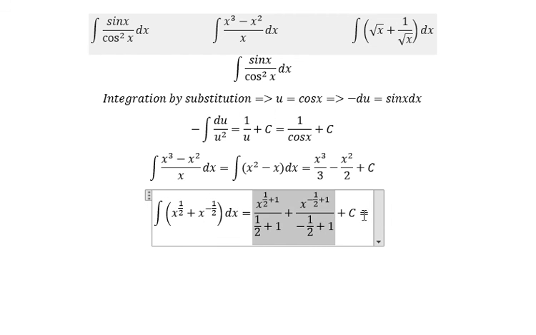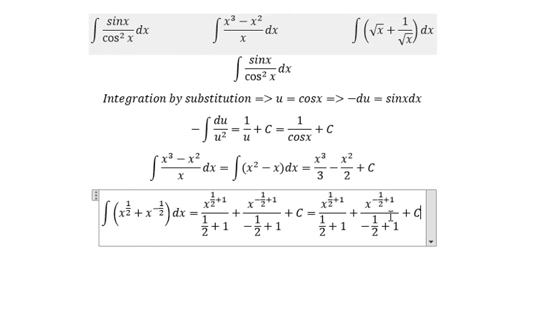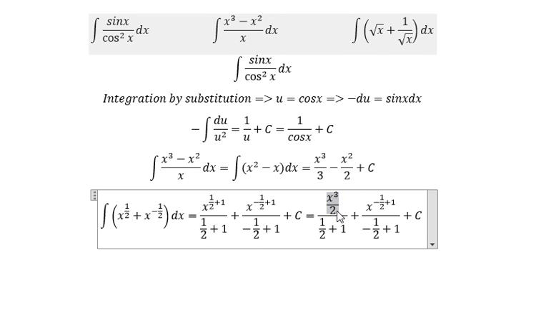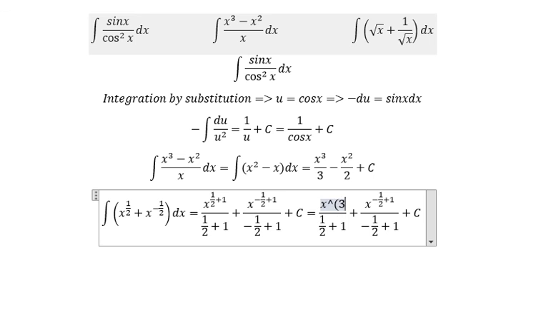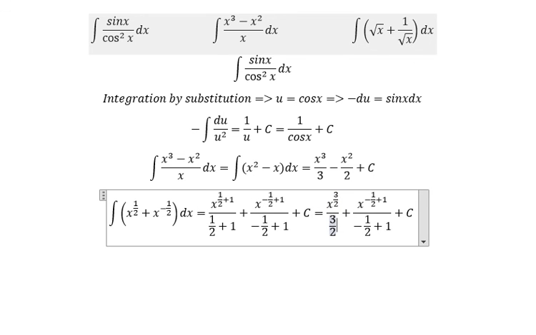In this one, you will get 3 over 2. This one we change to 3 over 2. This one you get 1 over 2 and 1 over 2.